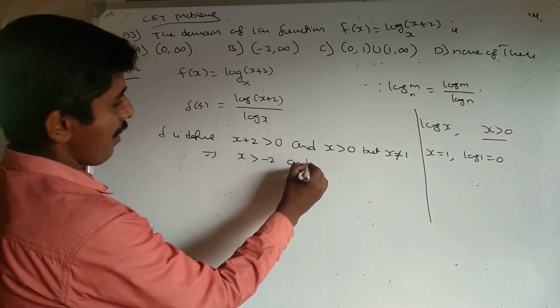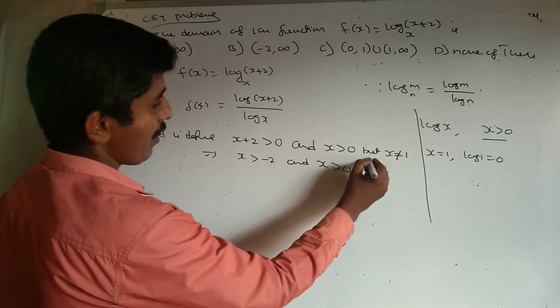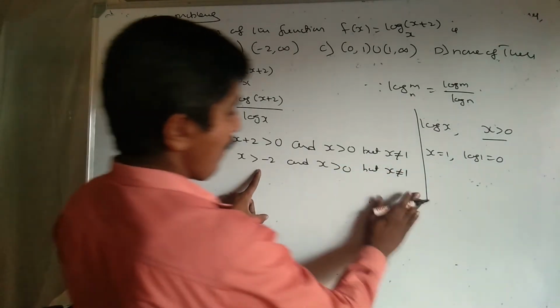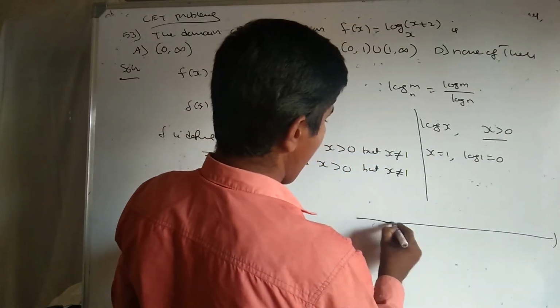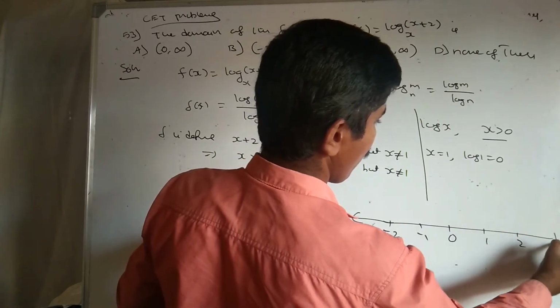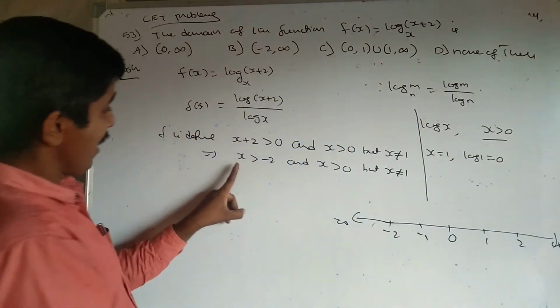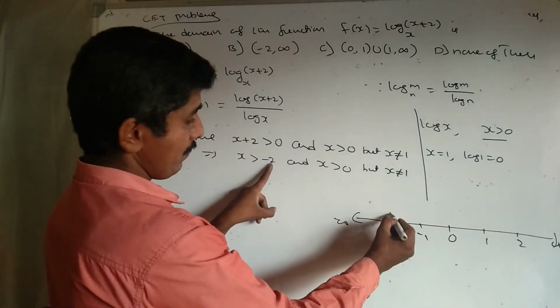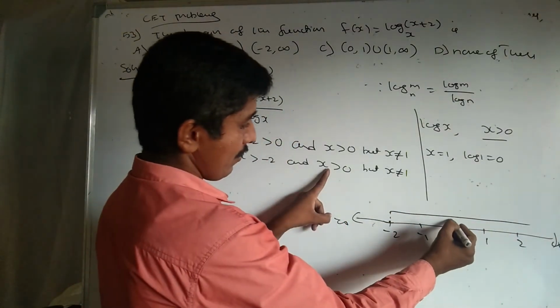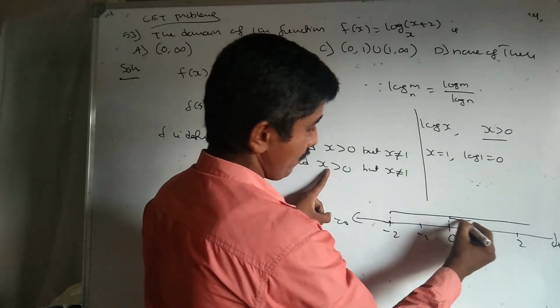And x greater than 0, but x is not equal to 1. Got it. On the real line: minus infinity, minus 2, minus 1, 0, 1, 2, to plus infinity. X greater than minus 2 and x greater than 0.